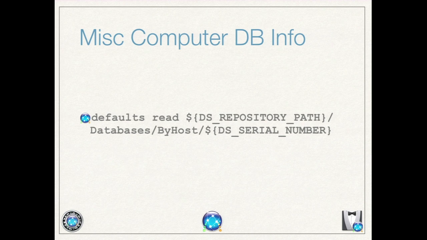There are 4 ARD fields that you can set on computer objects in the database, and they wanted to query that while in the runtime. All you need to do is default read and use the variable to get to the repository path while in the runtime. You go into the databases folder, the by host folder, and then the serial number of the computer should be the plist for the computer that is currently in the runtime. This command will dump every variable that's available in the database for that computer, or you can add on the specific thing you're looking for at the end of it and get just that one value.